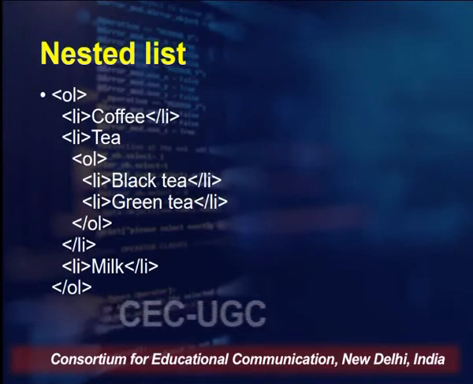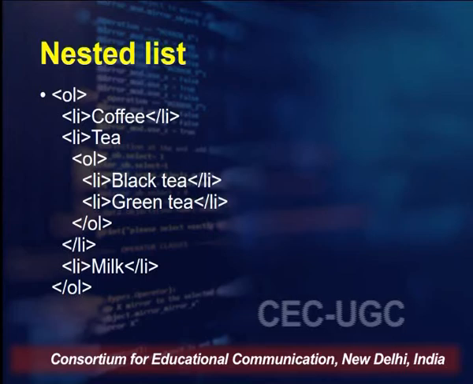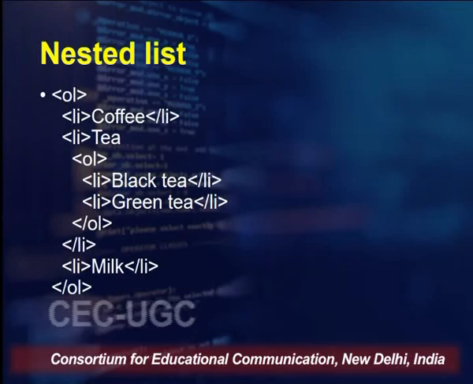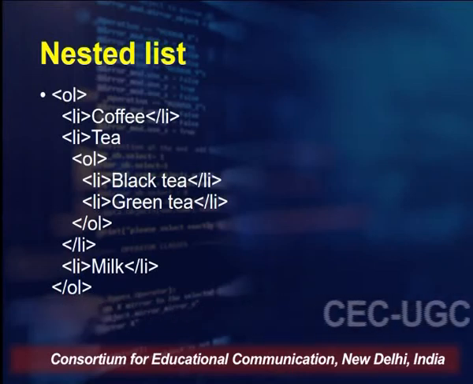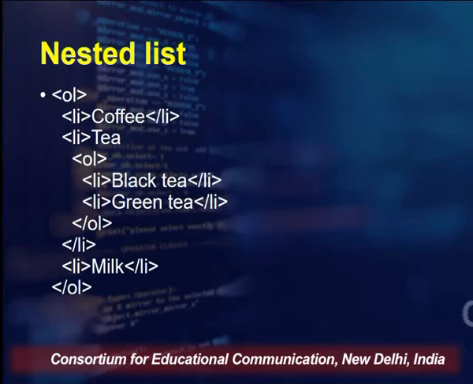So here also we are going to see how this nested list works with the OL tag. Here you can see we have started with the tag OL. Then within this LI, the first item is coffee, and within tea, let's say now we want to have at 1 the black tea and at 2 the green tea.